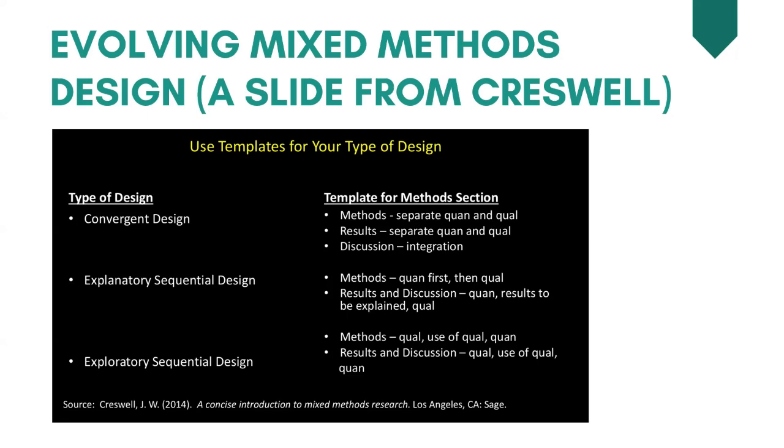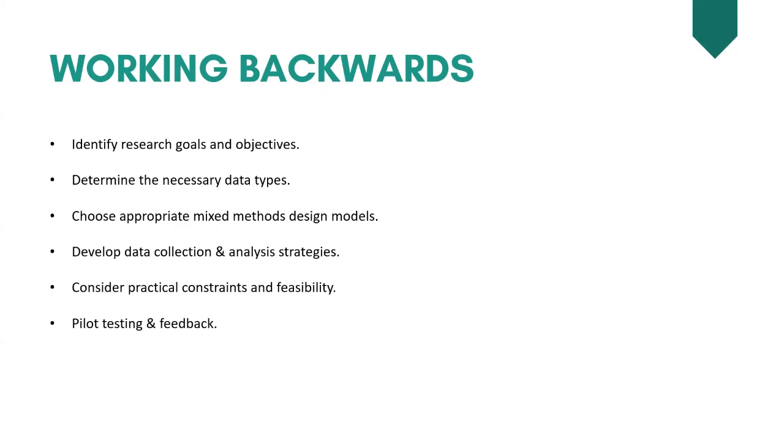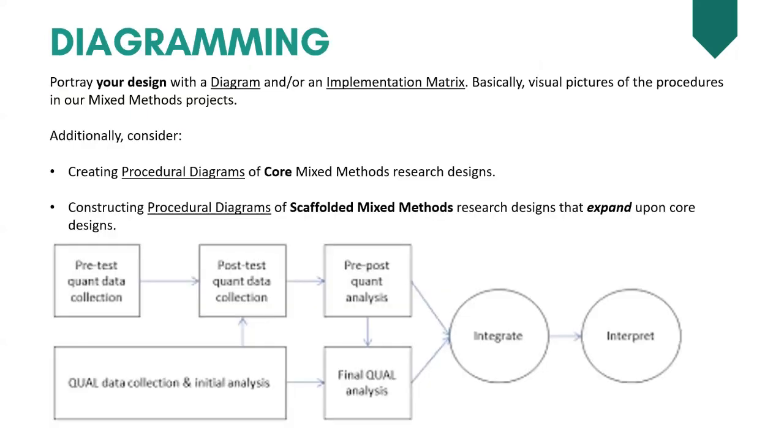You've got to look and say, you know what? The relationships here are useful. Now, how do I apply that to my research goals and objectives, to the data types that I want? And ultimately, how do I create a mixed methods design that will work for me?